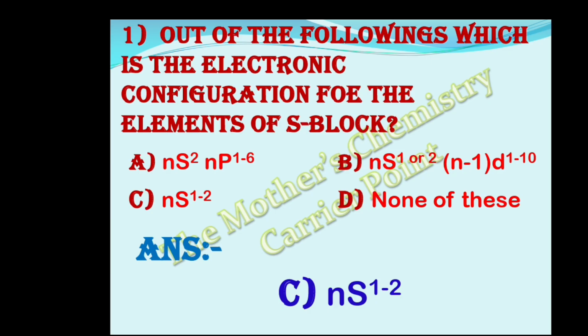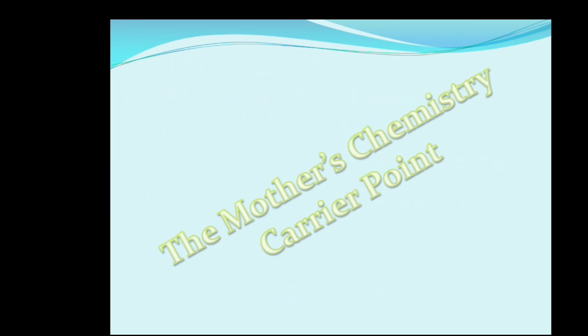That is, the general electronic configuration for the P block element is ns2 np1-6, and for D block element it is ns1 or 2, (n-1)d1-10. So before choosing the correct option, we must confirm which electronic configuration is asked, whether it is for S block, P block, D block or F block elements.